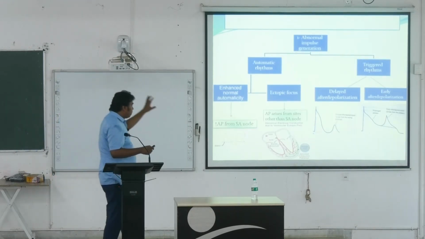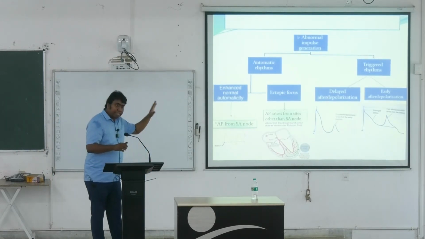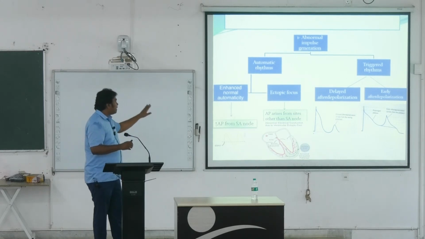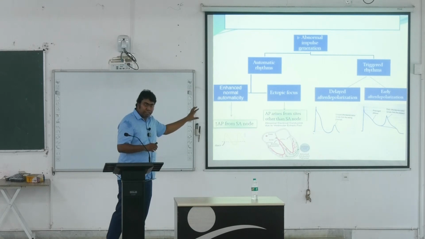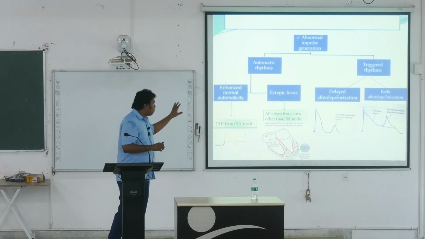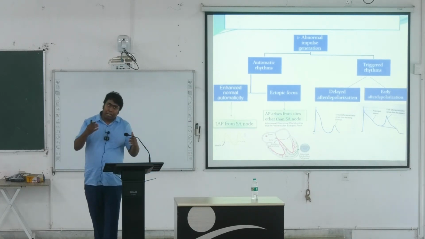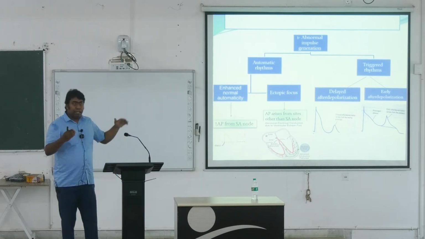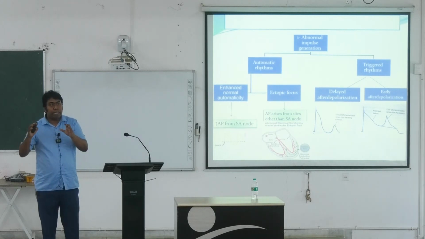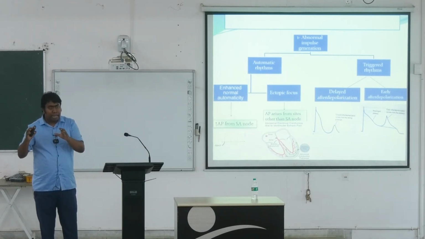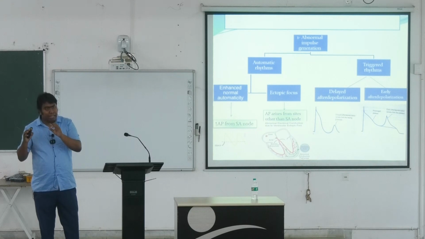In case of impulse generation, there may be triggered or automatic. In the automatic type, there is enhanced automaticity, or impulse from an ectopic focus. Increased automaticity means it is from the SA node itself but at a higher rate. Ectopic focus means other than the SA node. It may be from the atrium, ventricle, even from the AV node.